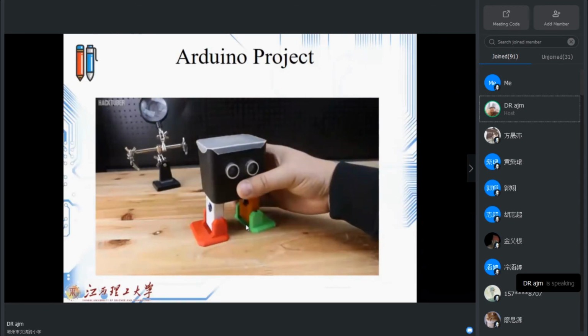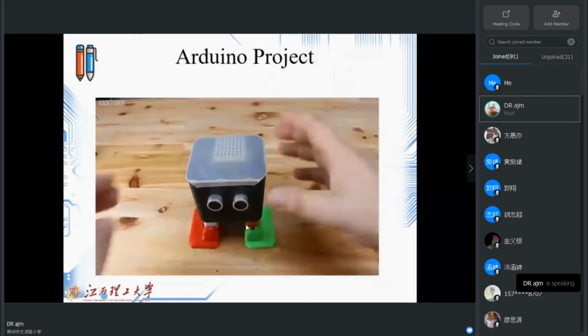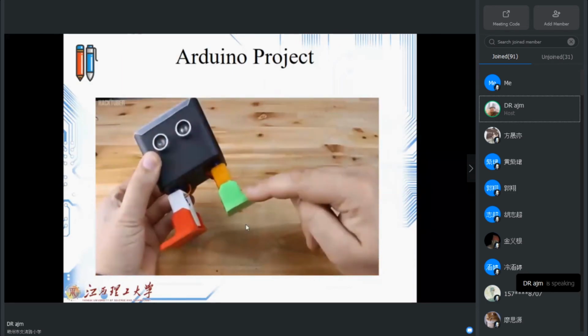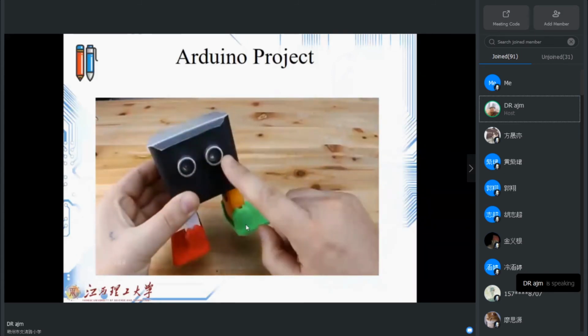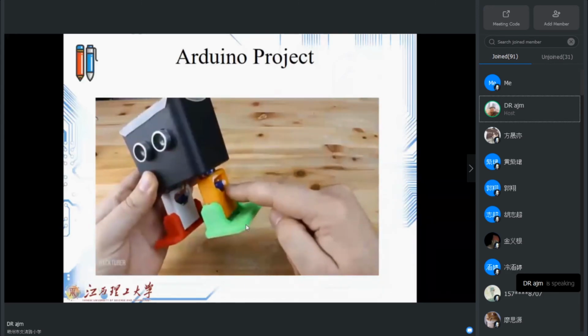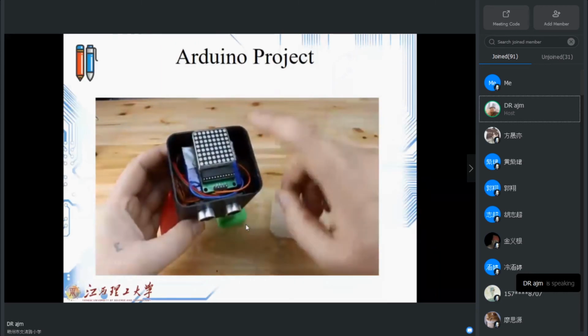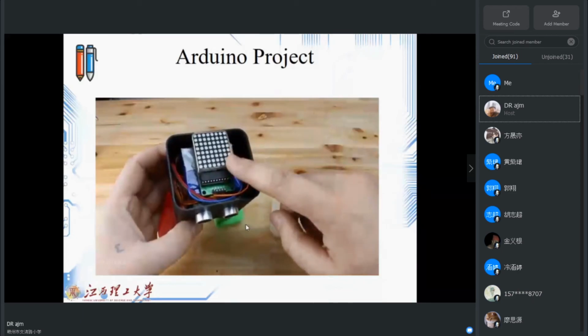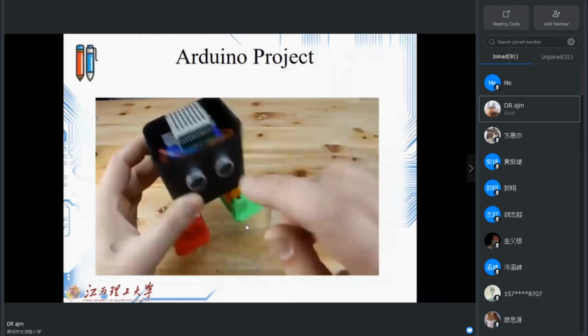Another project can be these robots which use ultrasound sensors. With a 3D printer they made the body, and they also put ultrasonic sensors, some servo motors, an 8x8 LED matrix, and some Bluetooth and other things inside the robots that they made.